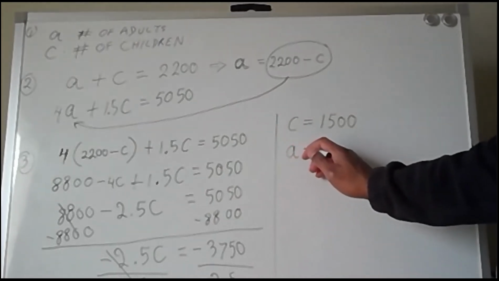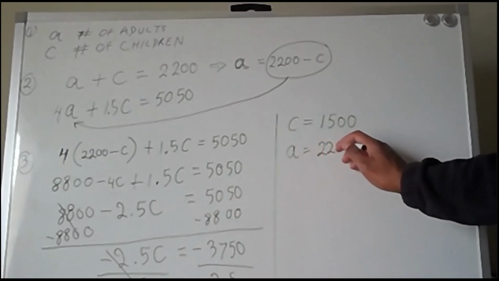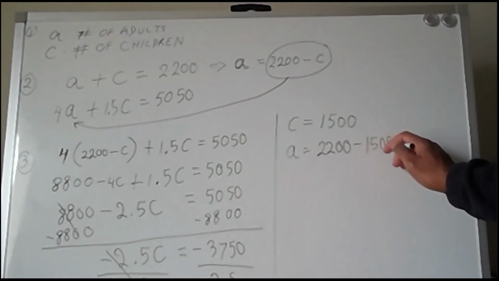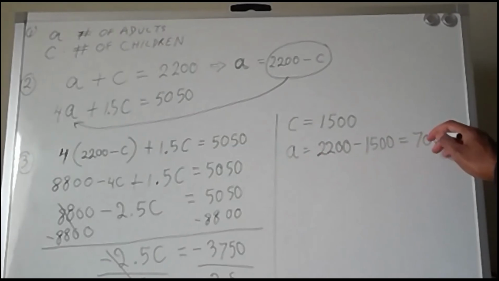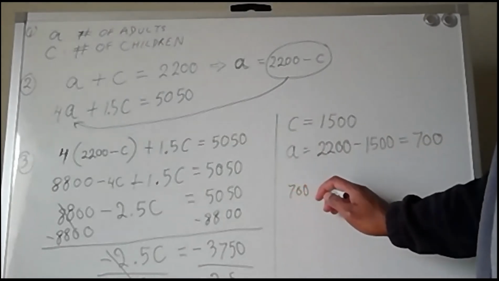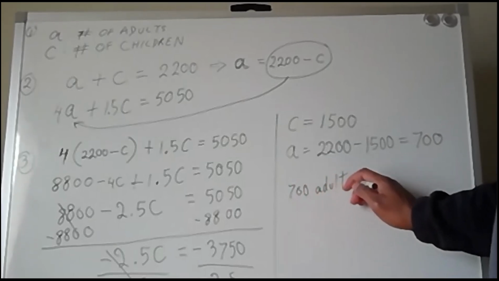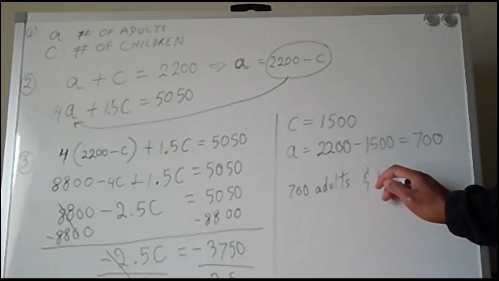Well, adults will simply be the total 2,200, take away the number of children, which is 1,500, and that should give you 700. So there were 700 adults and 1,500 children.